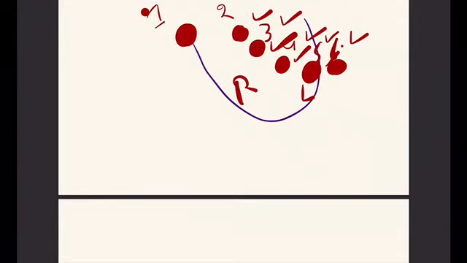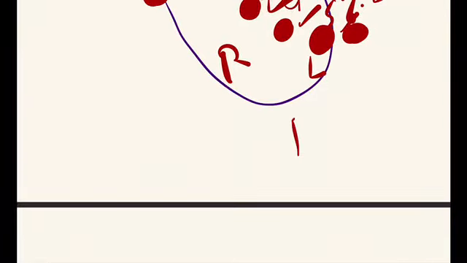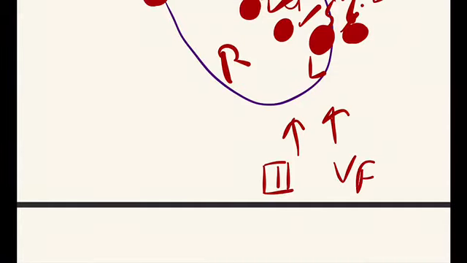Also, if there is infarction in the inferior surface of the heart, the leads looking from the inferior surface will have the abnormal Q wave. There are two main leads looking from the inferior surface of the heart, lead 3 and lead VF.